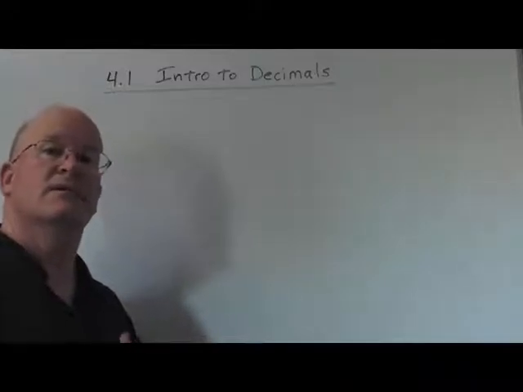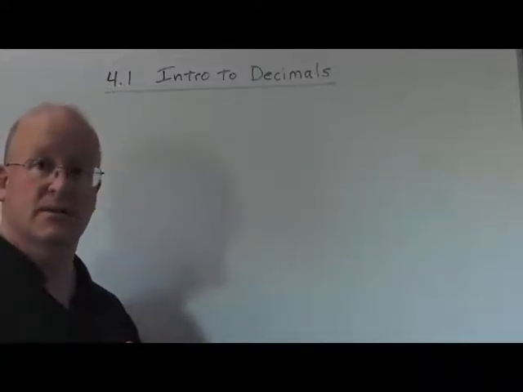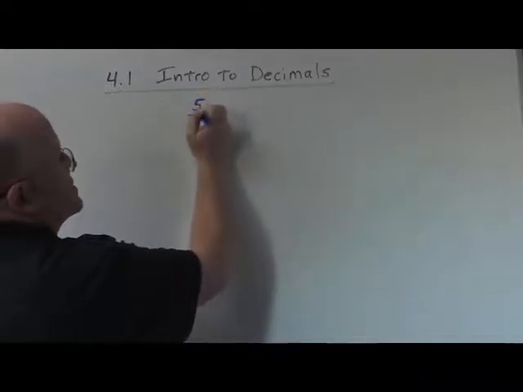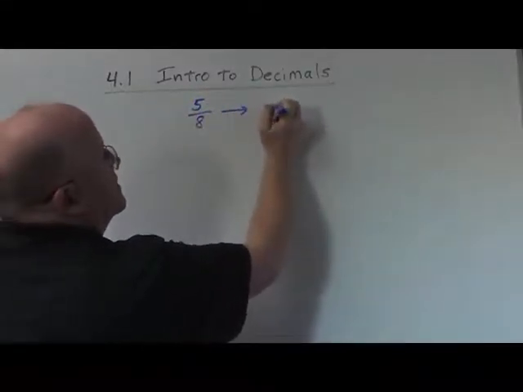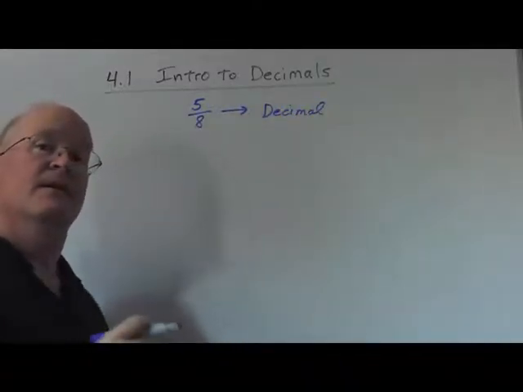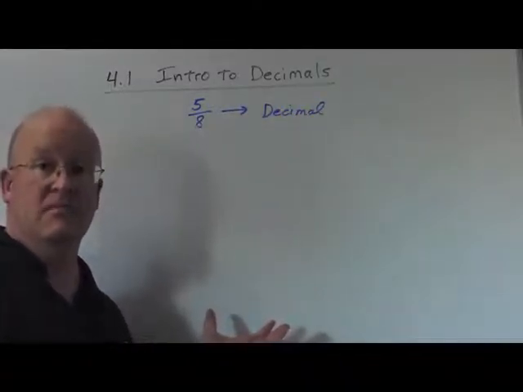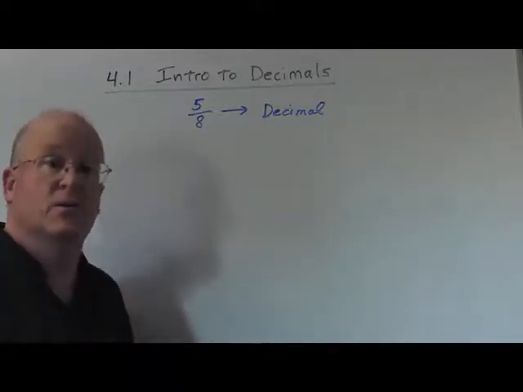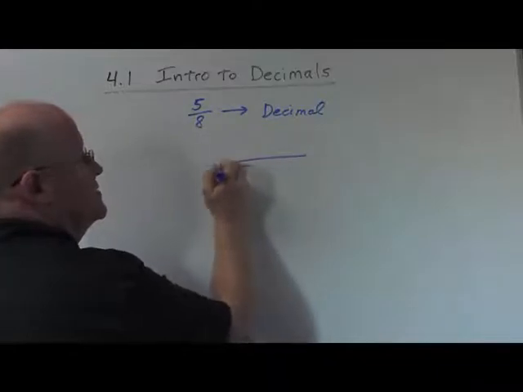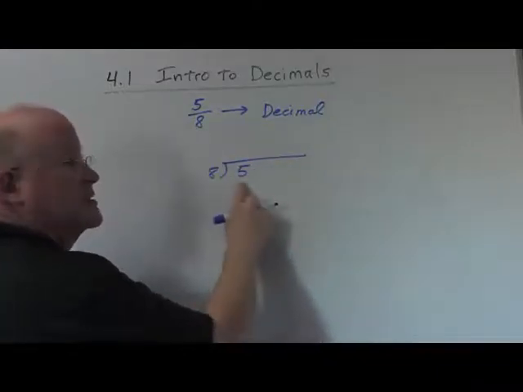Let's say we want to convert a fraction into a decimal. Let's say we have 5/8 that needs to be written in decimal form. Well, if you don't have some of your basic fractions memorized, you're going to have to do long division. And so we would take our 5, divide by 8. 8 does not go into 5.